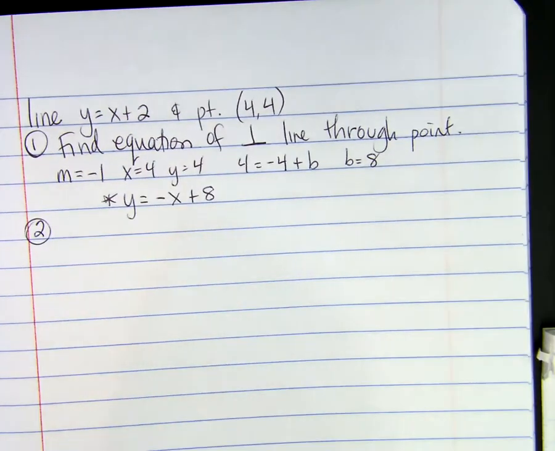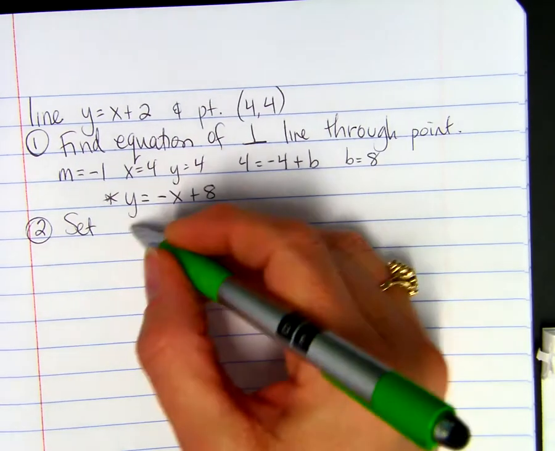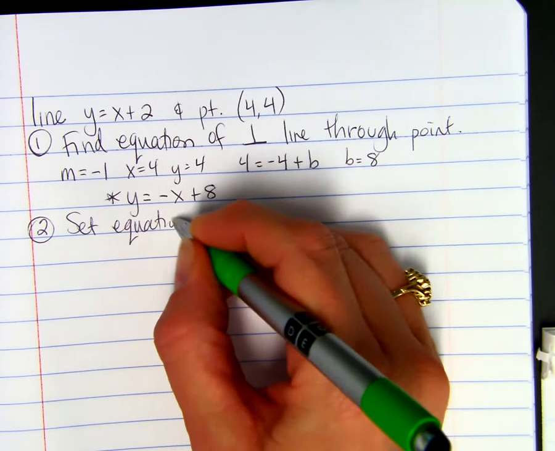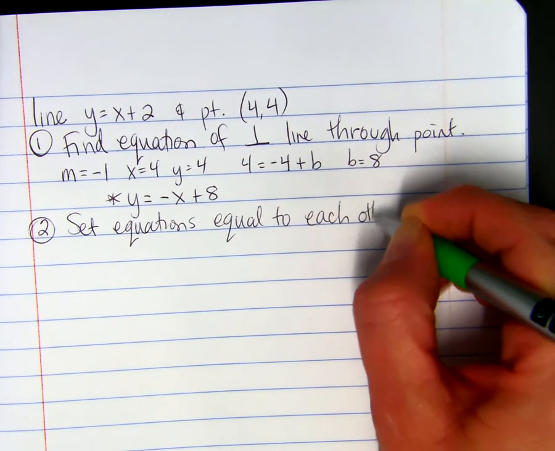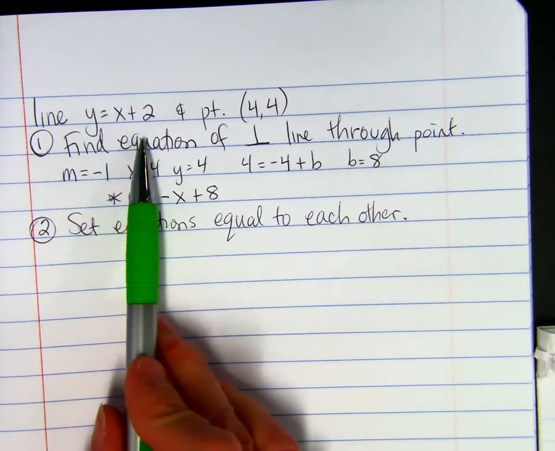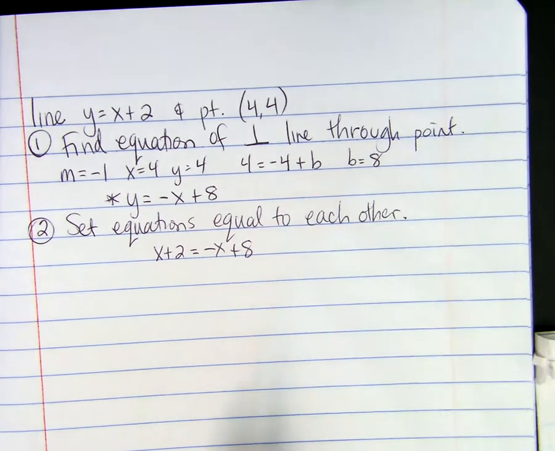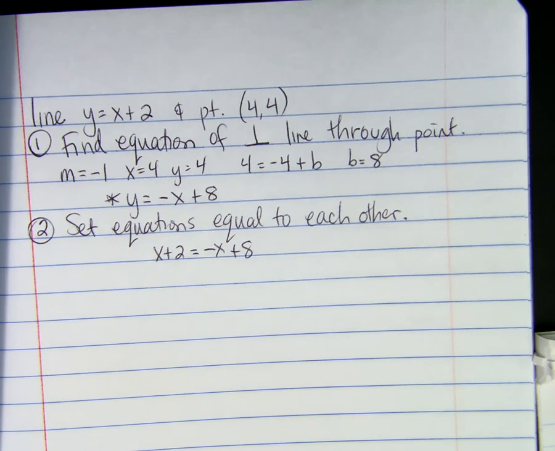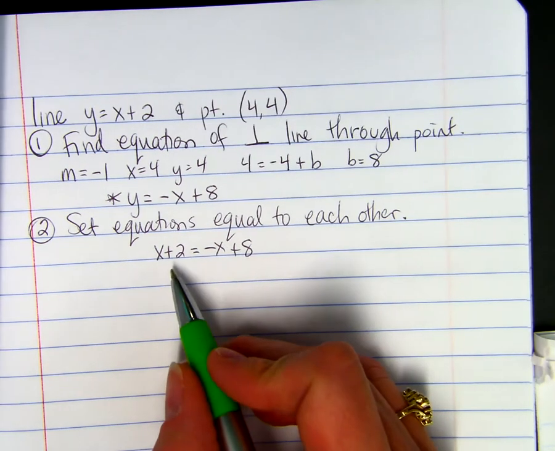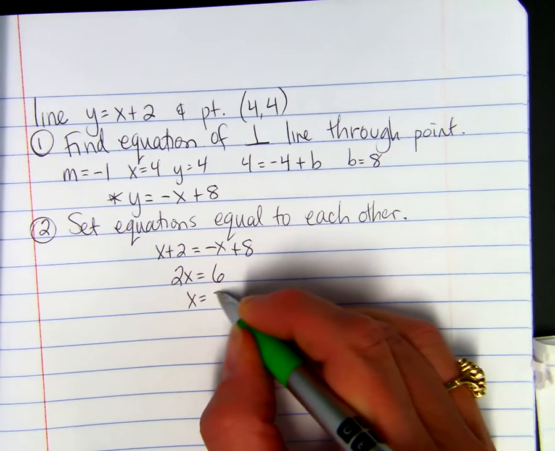Step 2 is set the equations equal to each other. So y equals x plus 2, so we do x plus 2 equals -x plus 8. So then we add x, subtract 2, so 2x equals 6 and x equals 3.